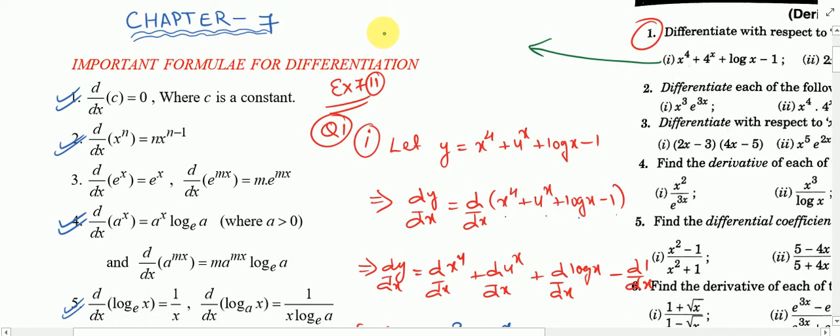That answer will be 4x cube plus 4 to the power x log 4 base e plus 1 by x, because you know that this function is a sum of 4 functions. If you differentiate, you will get 4x cube, then plus sign, you know how to differentiate this, and this is a constant, so its differentiation has to come to 0. Just by looking at it you can answer it. That's why you have to know these formulas.